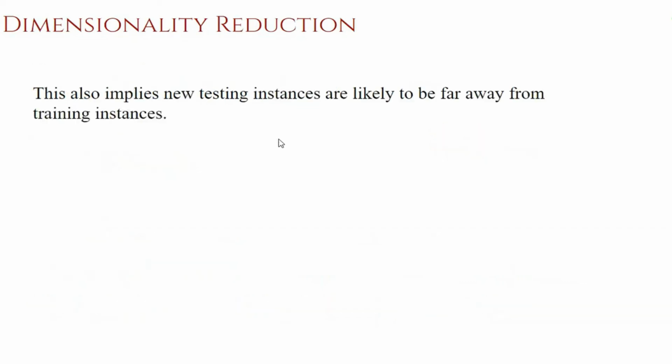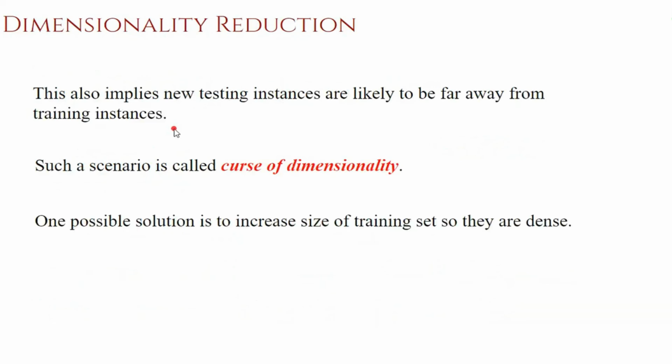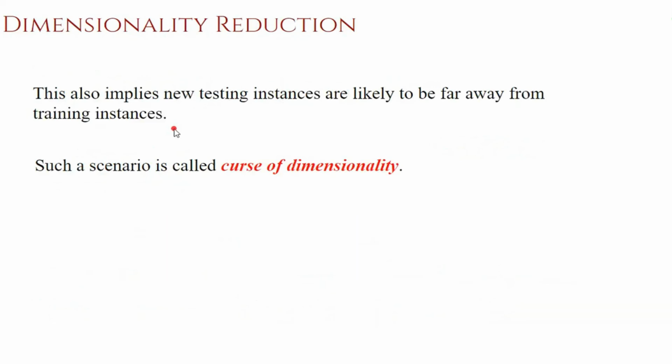So this issue of sparsity, which introduces difficulty in coming up with a decision boundary, or in the case of a regression problem, coming up with a best fitting geometry, is referred to as the curse of dimensionality. Because as you increase the dimension, the sparsity of the data also increases, thereby imposing a challenge to come up with a fitting geometry. So this scenario is referred to as the curse of dimensionality. The solution is either you can increase the training data set so that the point cloud density increases.